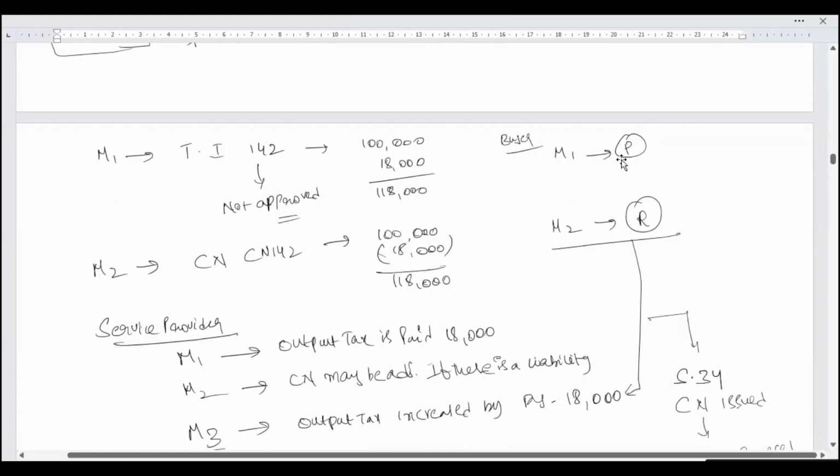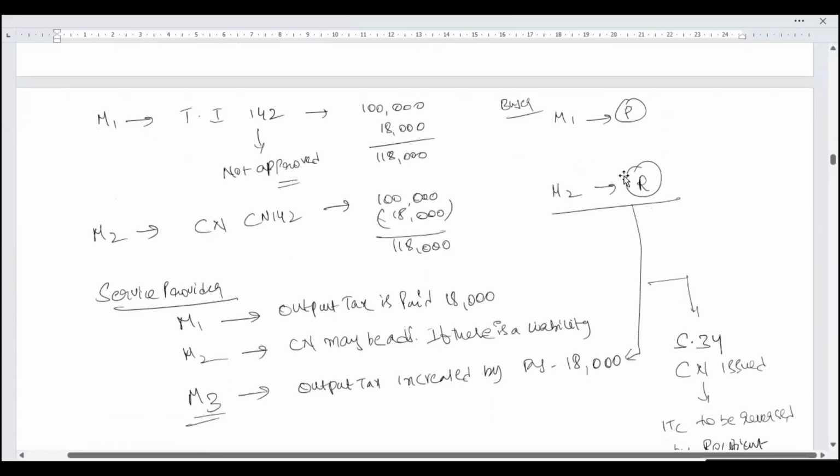Whether he claimed input tax or he has not claimed input tax, as a seller, how do I know? Because he kept it pending. I am not looking into the GST returns of my buyer. If he has rejected the invoice, I'll get an intimation. He didn't do that. He kept it pending. So whether he took the credit or not, I don't know. But when he rejected it in month 2, that gets added back to my output tax. This is an unfortunate check window which is happening.